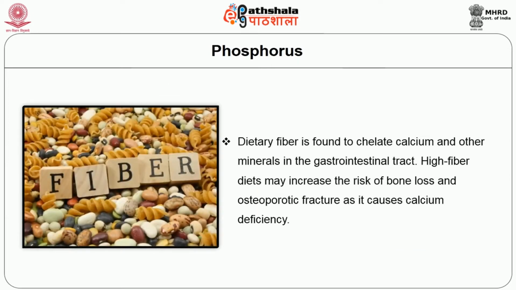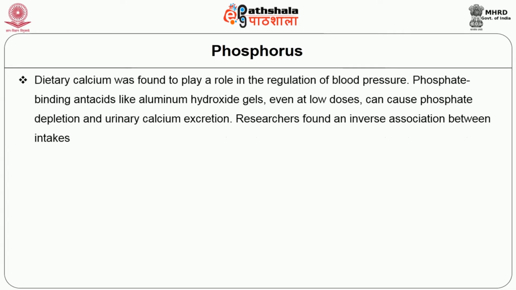Dietary fiber is found to chelate calcium and other minerals in the gastrointestinal tract. High fiber diets may increase the risk of bone loss and osteoporotic fracture, as it causes calcium deficiency. Dietary calcium was found to play a role in the regulation of blood pressure.